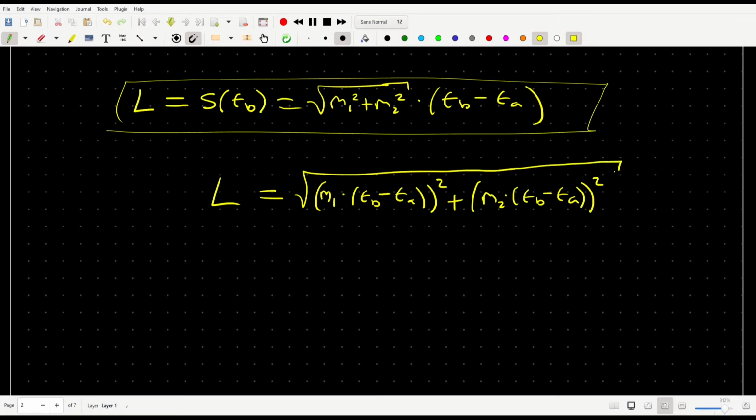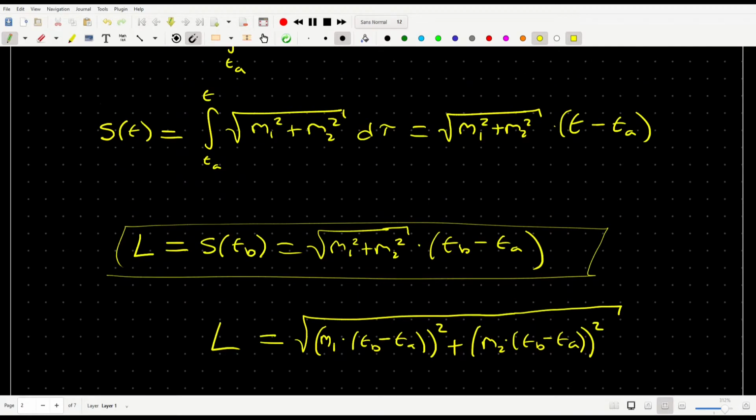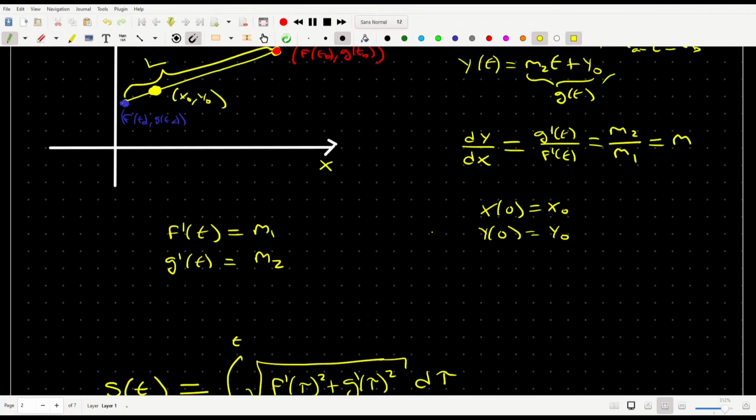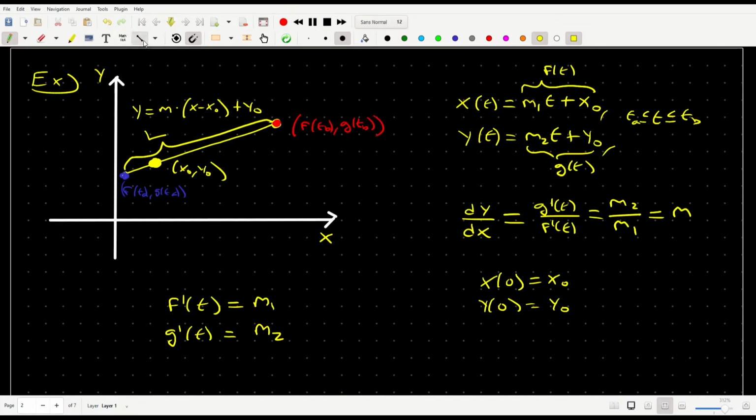and from the Pythagorean theorem, we can very clearly see that this is making a lot of sense, because if I call this length right here L1, and this length right here L2, L is going to be the square root of L1 squared plus L2 squared.